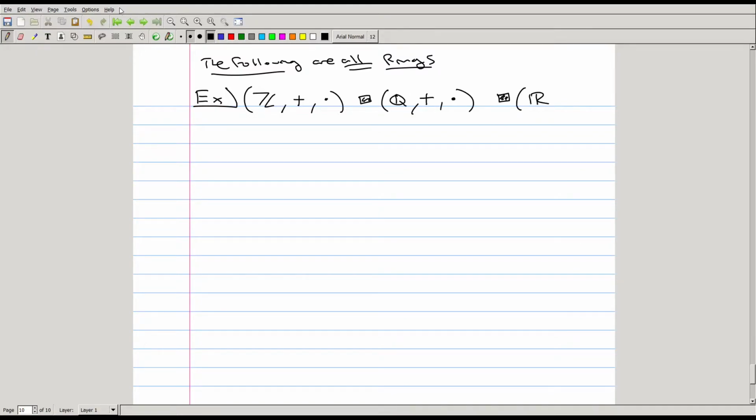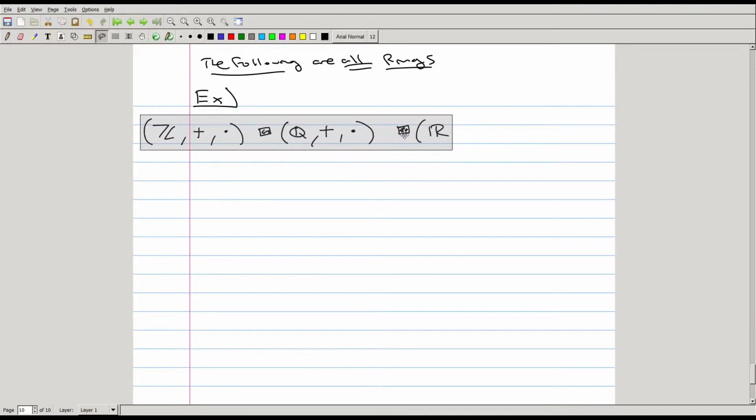The set of real numbers with normal real number addition and multiplication is a ring. And lastly, the set of all complex numbers with normal complex addition and complex multiplication is a ring.